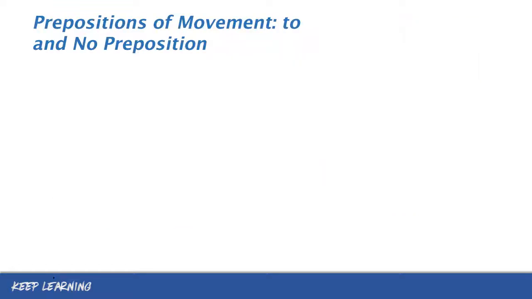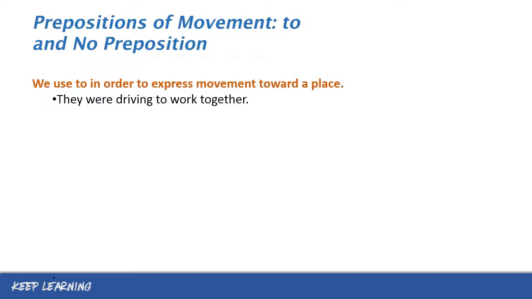Okay, so prepositions of movement. When it means movement, we use to, or sometimes we don't even need a preposition. We use to in order to express movement towards a place. They were driving to work together. You see, they're going to work. They're moving from this location to another location.